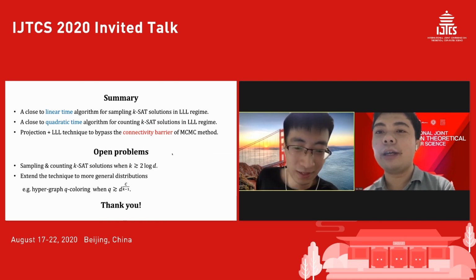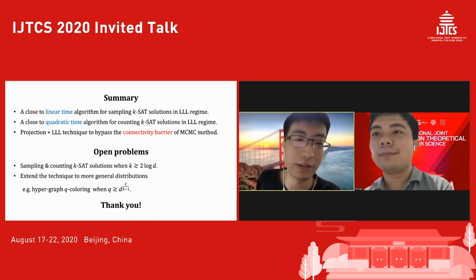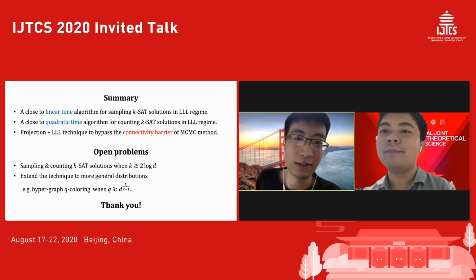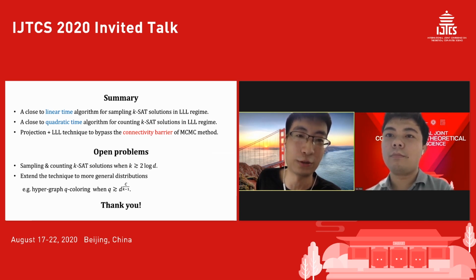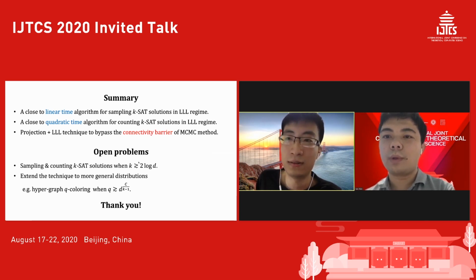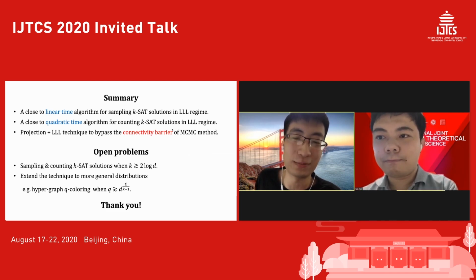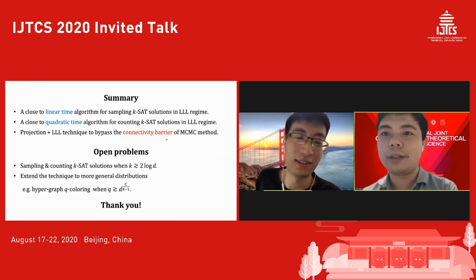And for the deterministic approach, the dependency on epsilon is very bad. It is roughly 1 over epsilon to a polynomial degree. So to obtain an FPTAS, we only require that our algorithm is polynomially dependent on 1 over epsilon. Actually, in our running time, the dependency on epsilon is 1 over epsilon to the zeta, and zeta is a very, very small constant.